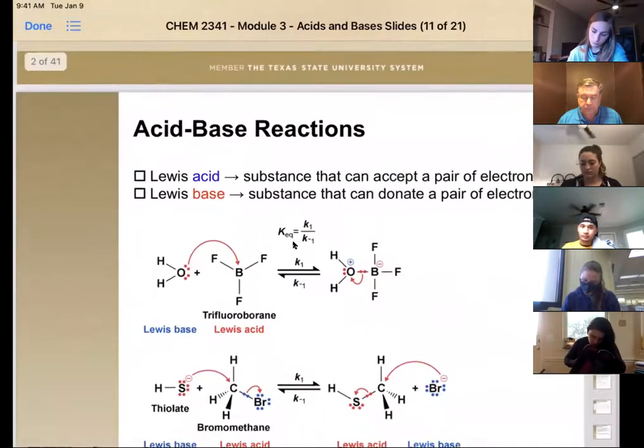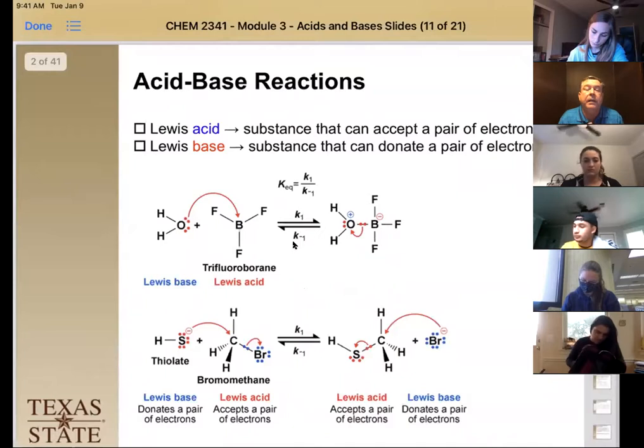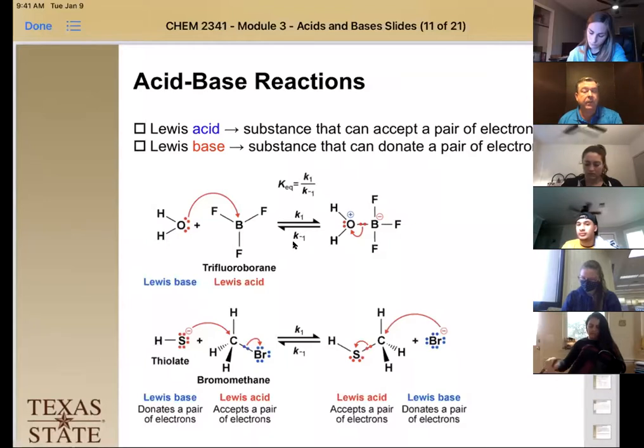So the first thing I want to talk about is what we call a Lewis acid and a Lewis base. Okay, so this is different than what you're used to. What you're used to as an acid is something that has a hydrogen and gives that hydrogen away. I want to take that definition and put it on the shelf right now, and I want to tell you about a Lewis acid.